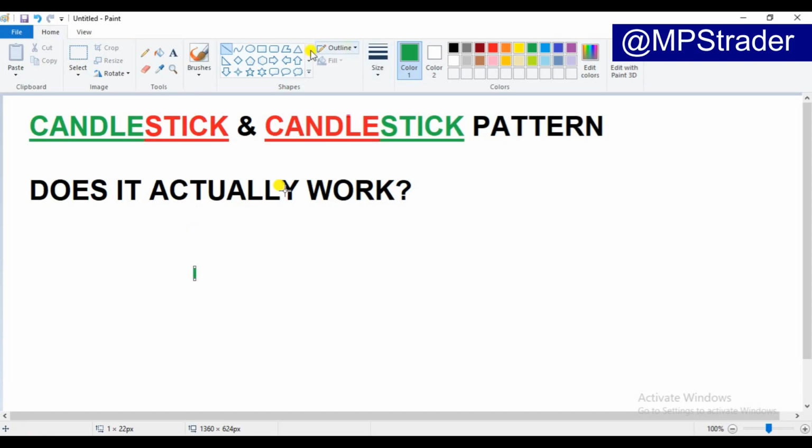Suppose, in real life, not in trading, this is a thread. If we draw like this, let me fill up this candle.